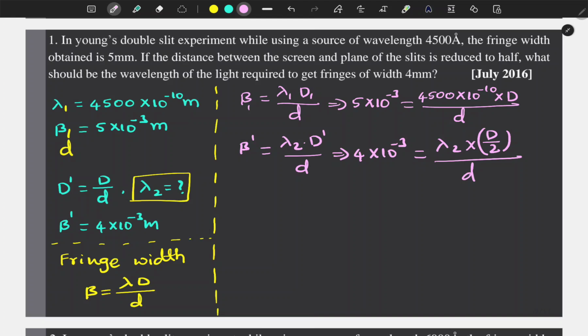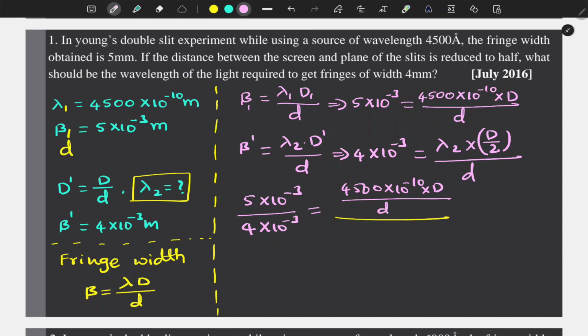If we divide these two and solve, what do we get? You will get 5 into 10 to the power minus 3 divided by 4 into 10 to the power minus 3 is equal to 4500 into 10 to the power minus 10 into D divided by small d, the whole divided by lambda 2 into capital D divided by 2 small d. What gets cancelled here?